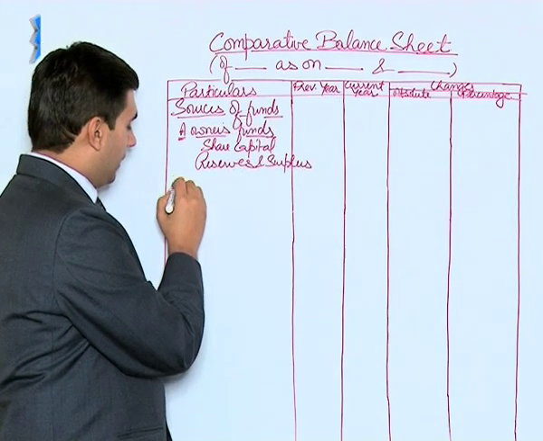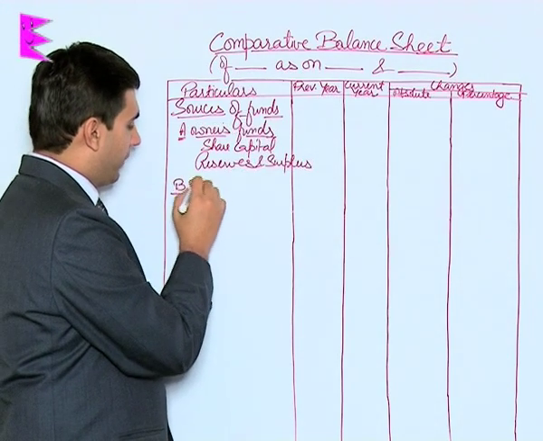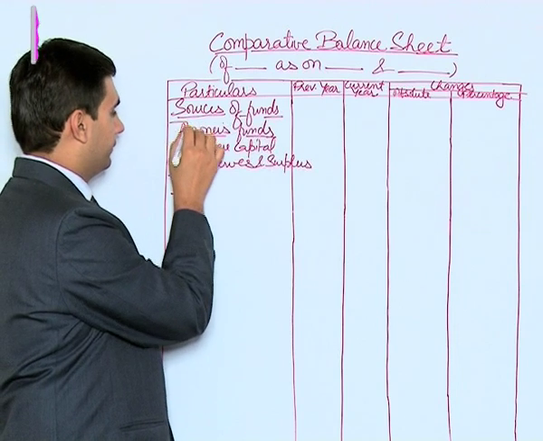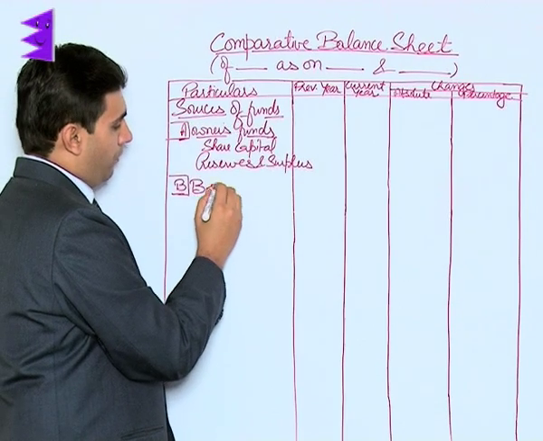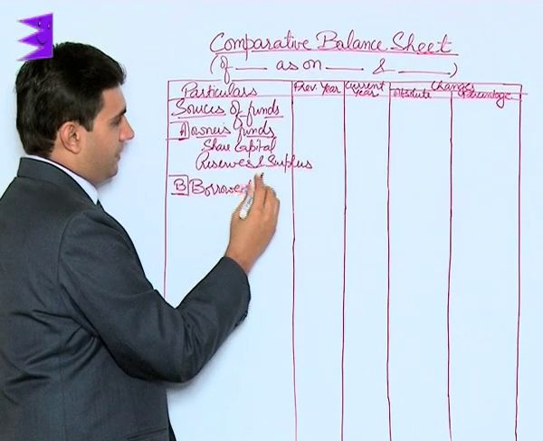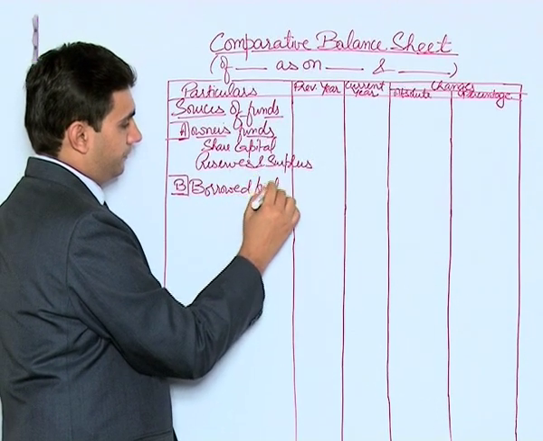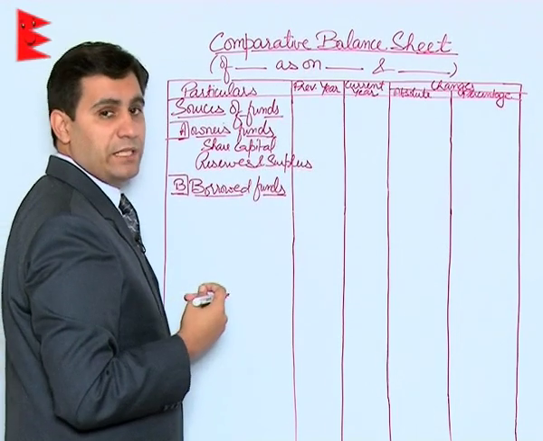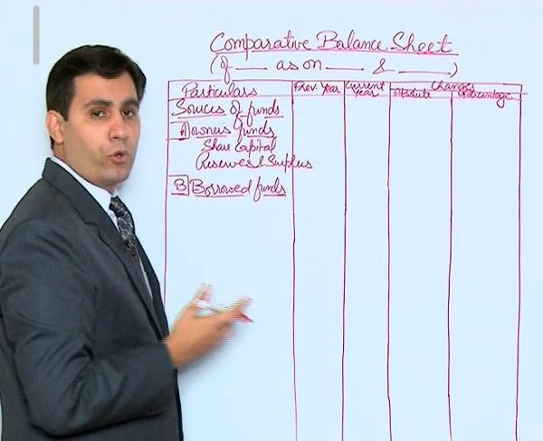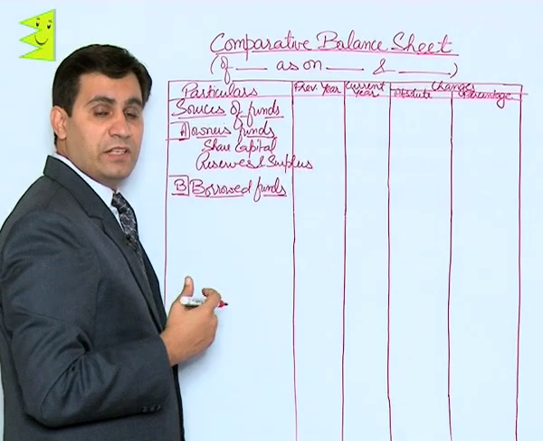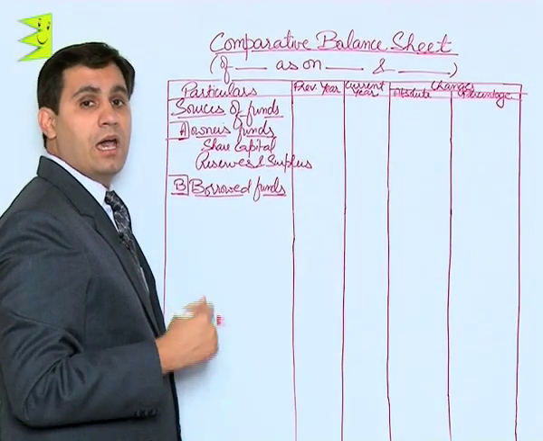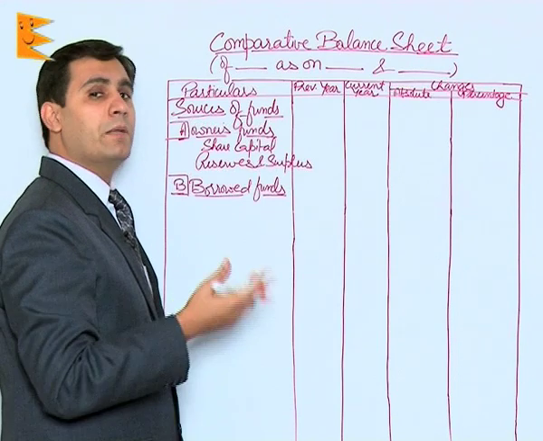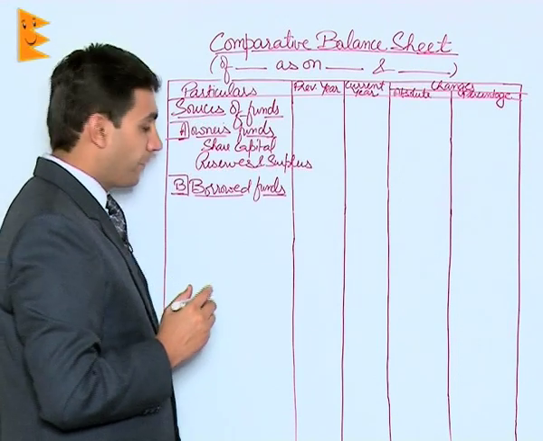Then the second part is borrowed funds. I have named it as B here. As the name implies, borrowed funds means the funds which have been borrowed. They are the funds which our creditors, our lenders have supplied to the business for use in the business, and we are paying certain interest on them.